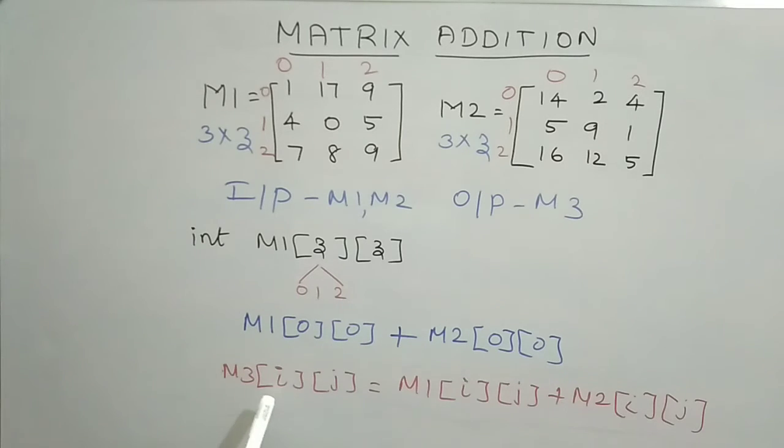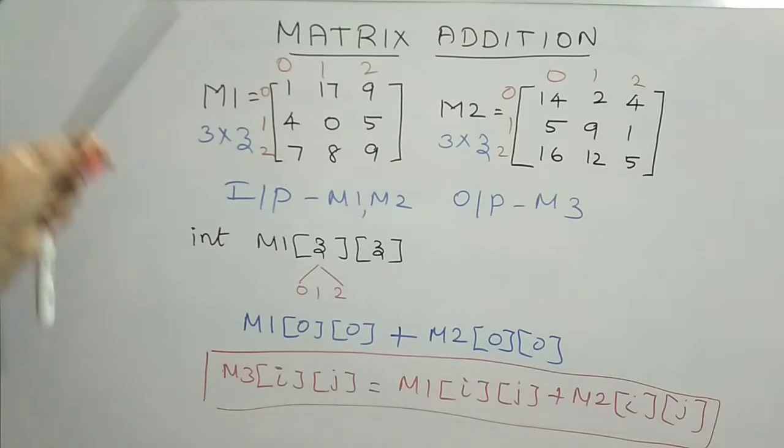After adding, the value is stored in the output matrix M3 at the corresponding index position, that is i, j. Using this expression, I can perform the matrix addition.